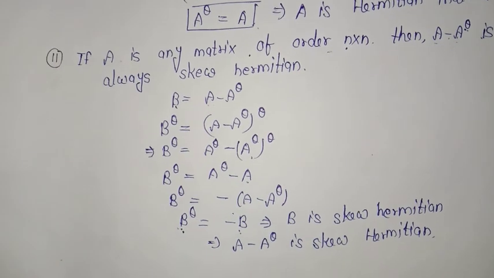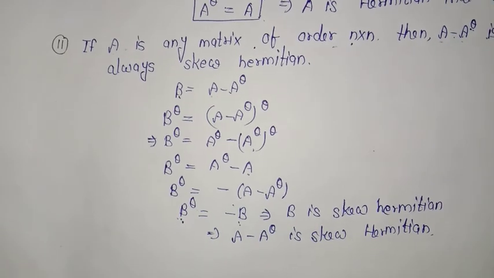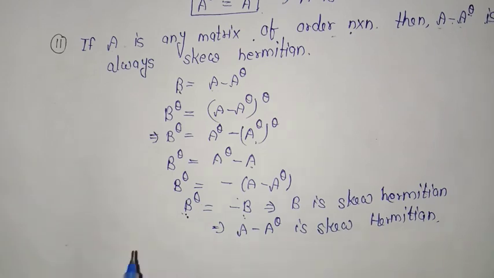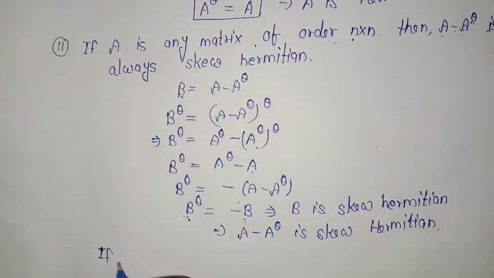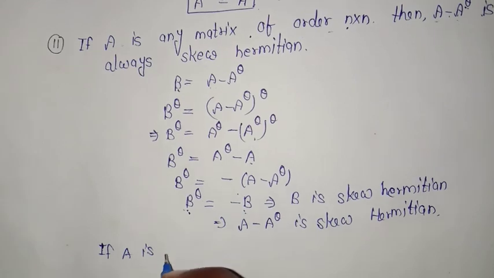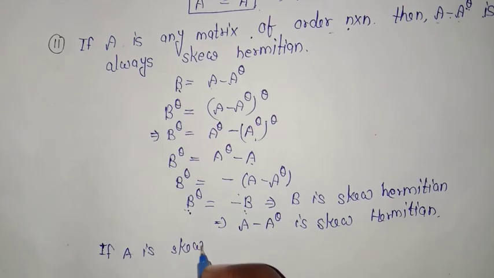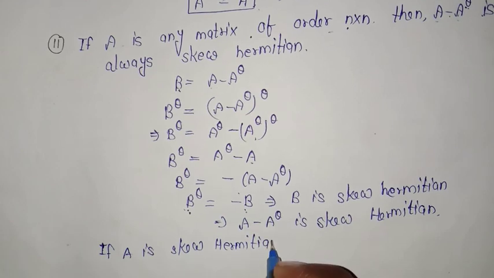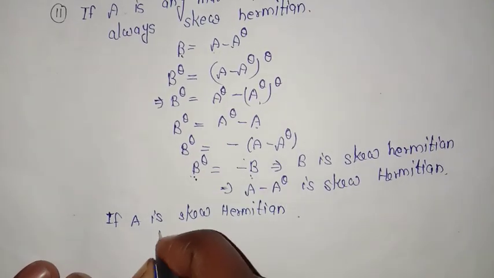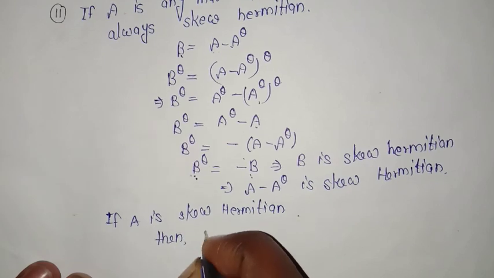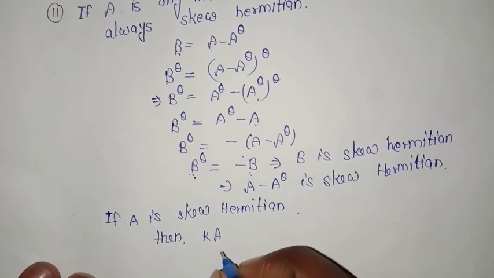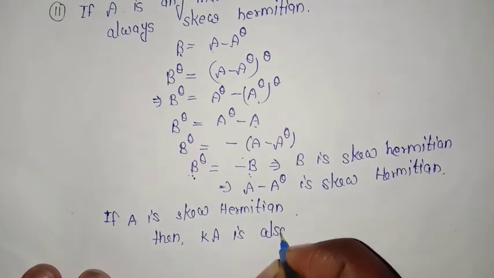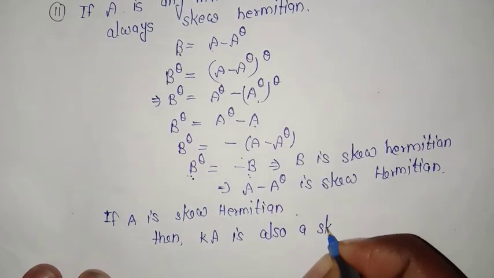Now, if we talk about a scalar multiple of a skew Hermitian matrix, that will also be a skew Hermitian matrix. That is, if A is skew Hermitian, then kA, the scalar multiple of a skew Hermitian matrix, is also a skew Hermitian matrix.